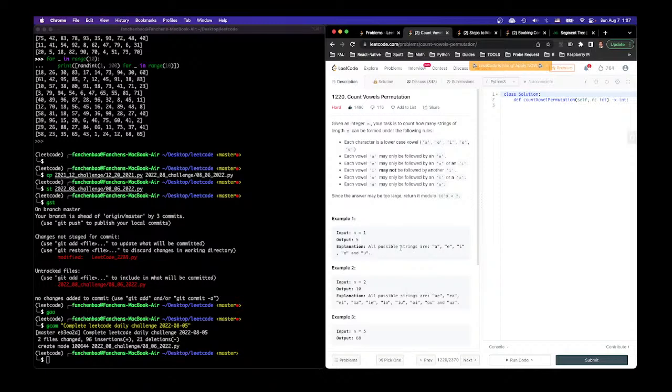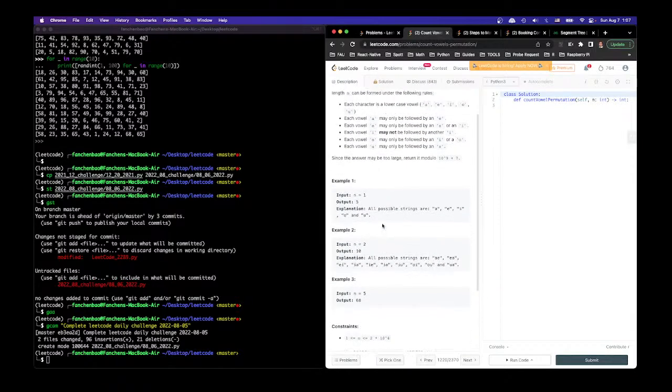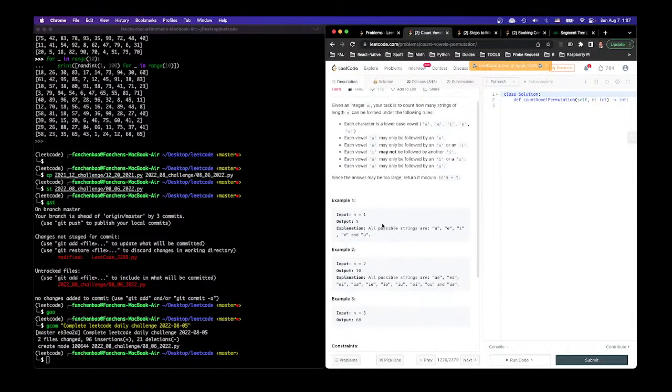If n equals 1, then the number we can form is going to be 1 for each. If I have 2, right, then we start with A, and then A can only go to E, so that's only 1.